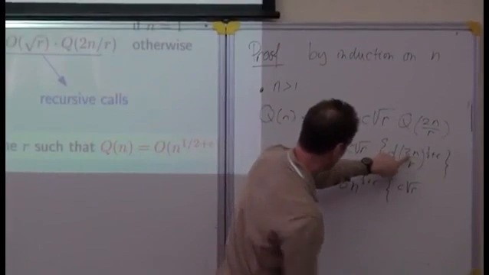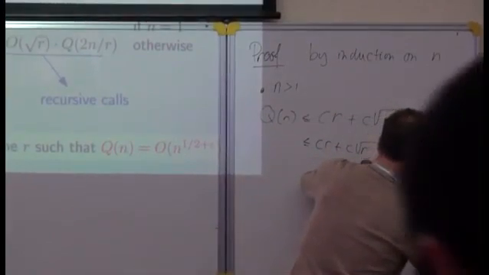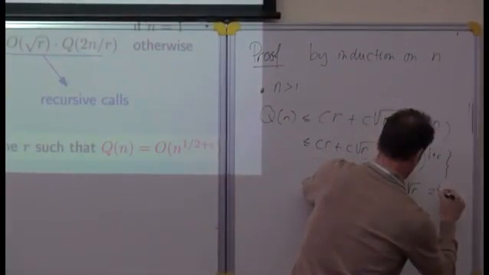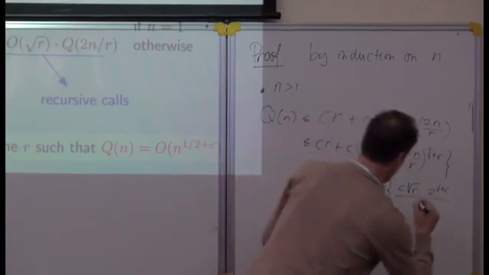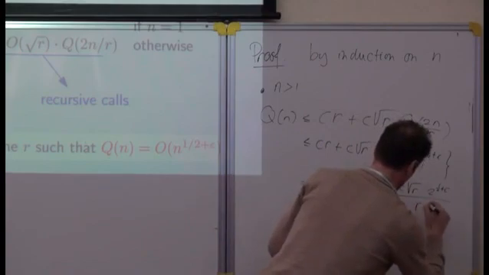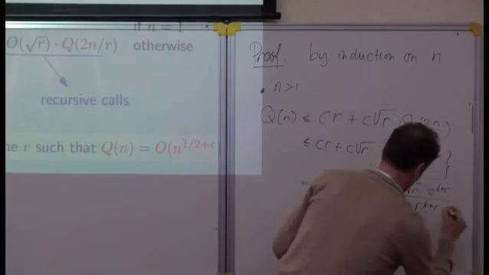I still have the 2 here, 2 to the 1/2 plus epsilon, divided by r to the 1/2 plus epsilon.